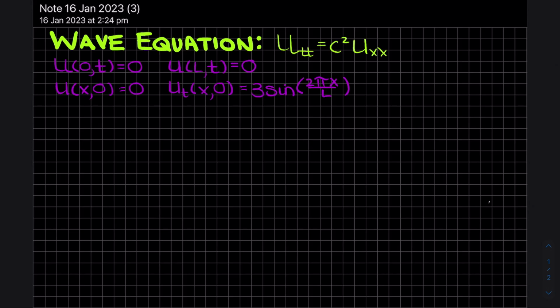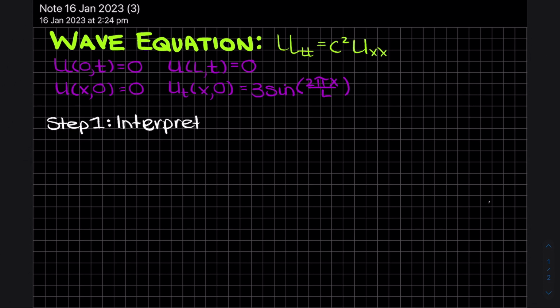The first thing you're going to want to do is step 1, interpret what is going on. So in the wave equation, u is talking about the displacement, whereas c is the speed. u_t will be the velocity, and here you can see we've got Dirichlet boundary conditions.